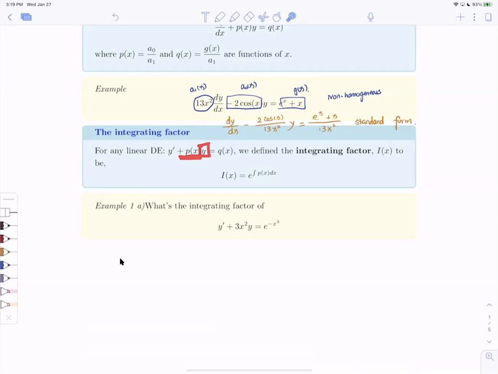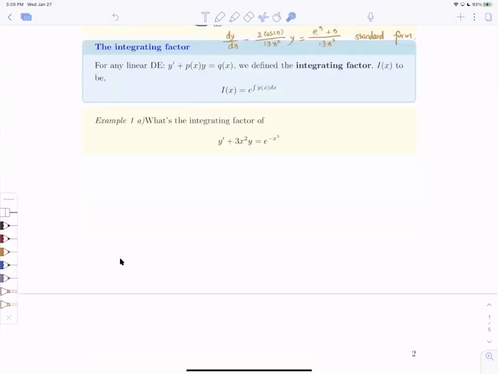So my first question is, what is the integrating factor of this ODE? E to the x cubed, yes, that's correct, okay?